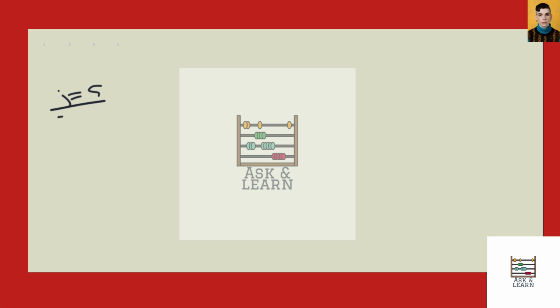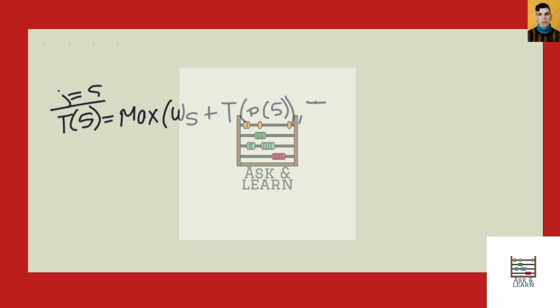In this case, the maximum number of people that could attend here is going to be the maximum number of people who are in this lecture or talk plus the compatible lectures, or the maximum attendees from the previous step.